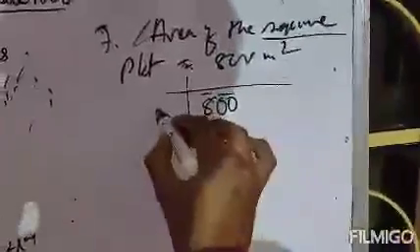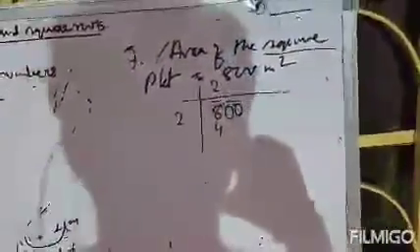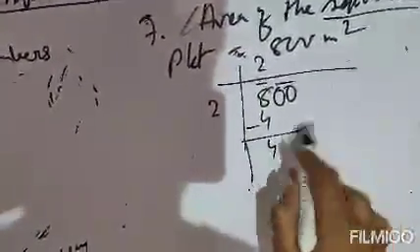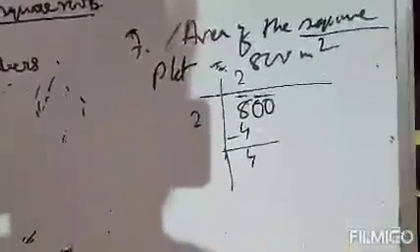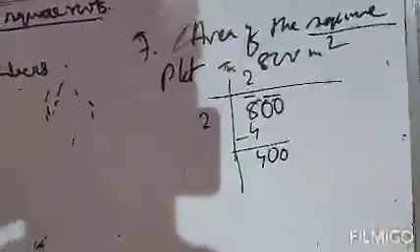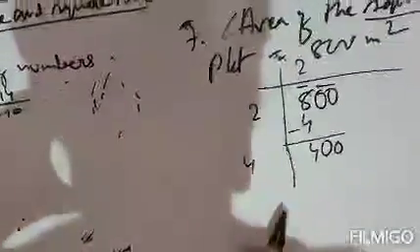So 2 2s are 4. Just do the square root of 800. These 2 zeros will come down. Now multiply it by 2, that is 4.